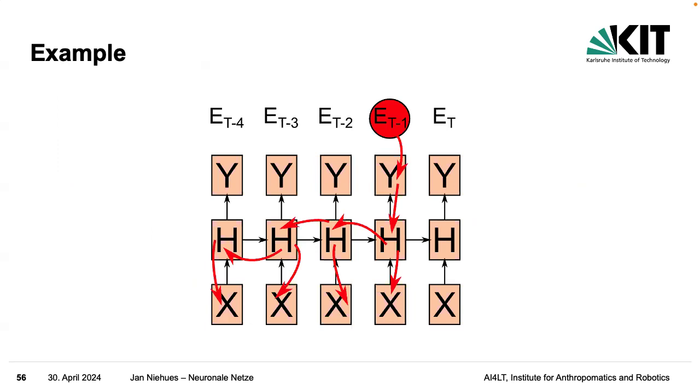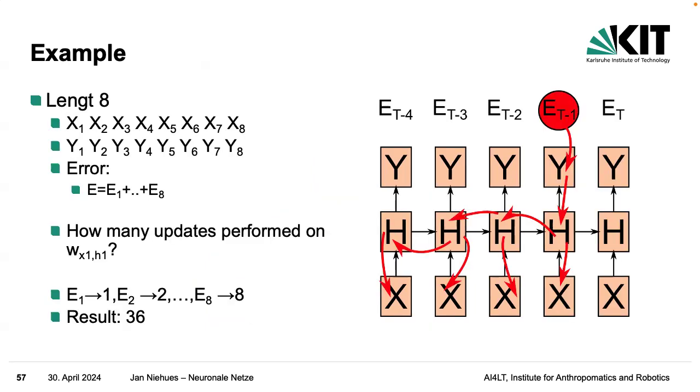But still, in order to understand how much influence it is, you have 8 times an update for this one weight that you have. Yes. It's like the last one is 8, plus 7 is the previous one, plus 6 and so on. So you have the sum of everything.